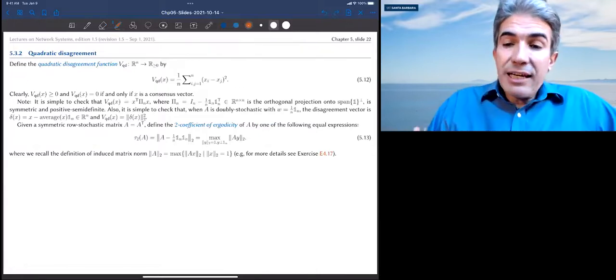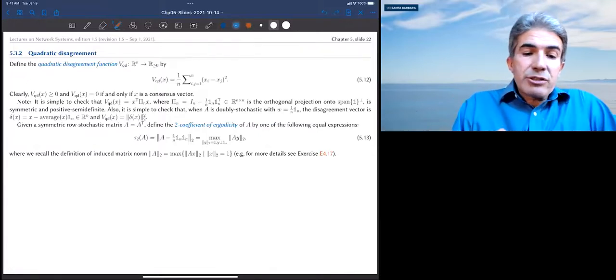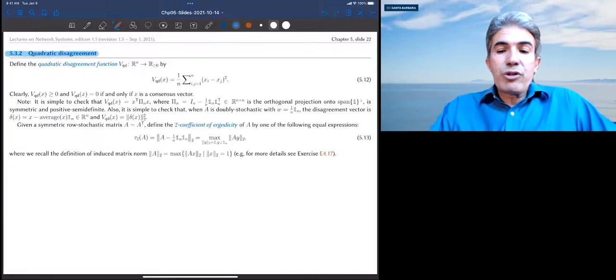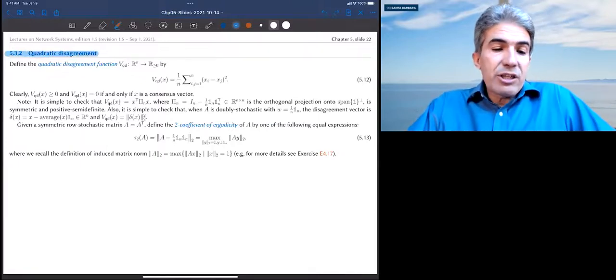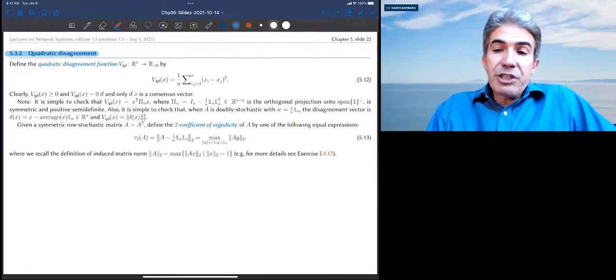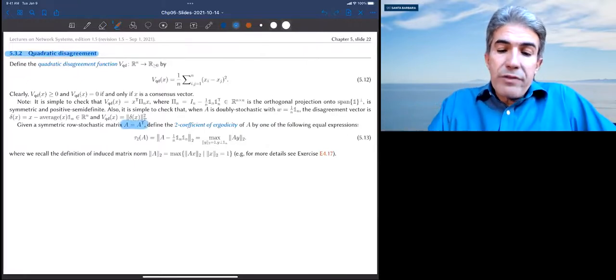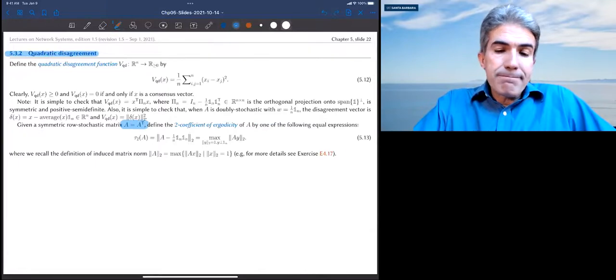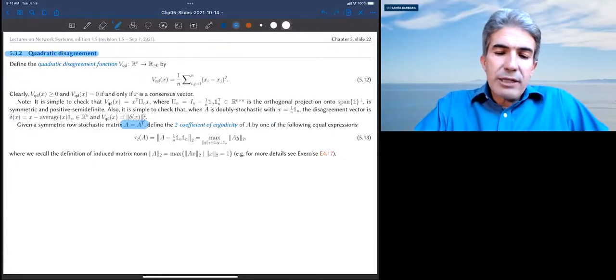Here is my second attempt in this section, and this is the attempt of using something called quadratic disagreement. But in this attempt, the key idea is that I will work with symmetric matrices. All right, so let's talk about this quadratic disagreement. It works like this.